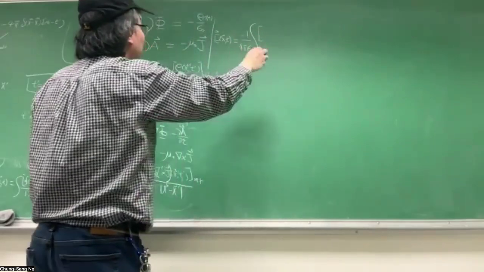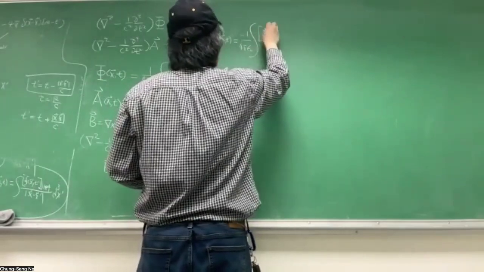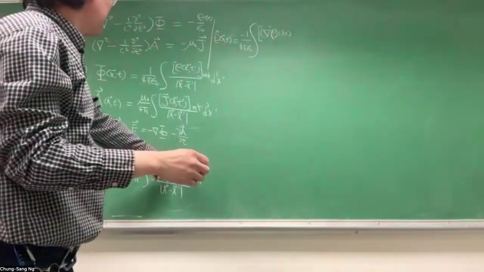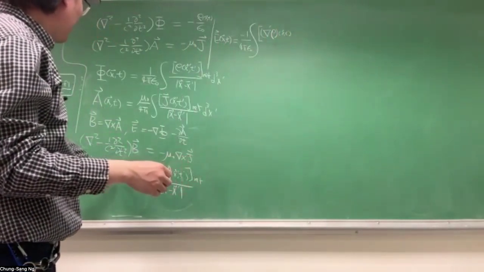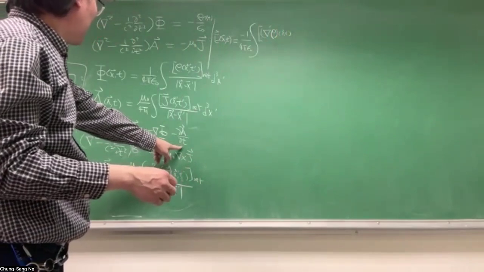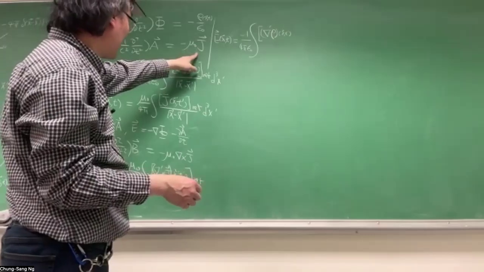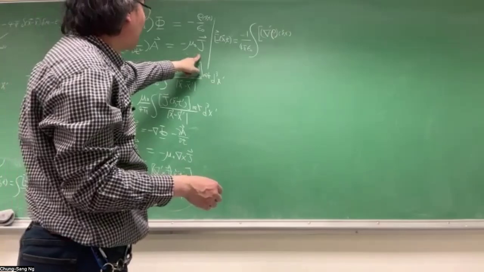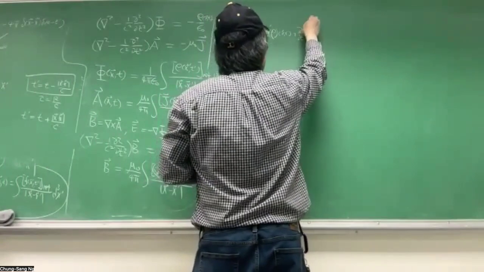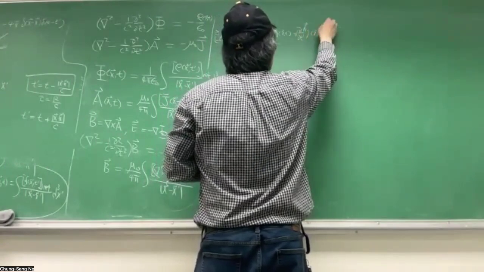If you take the grad prime of rho, and then you have a partial t, but when you use the Green function, this t becomes t prime. So that becomes a partial t prime, and then do the retarded.